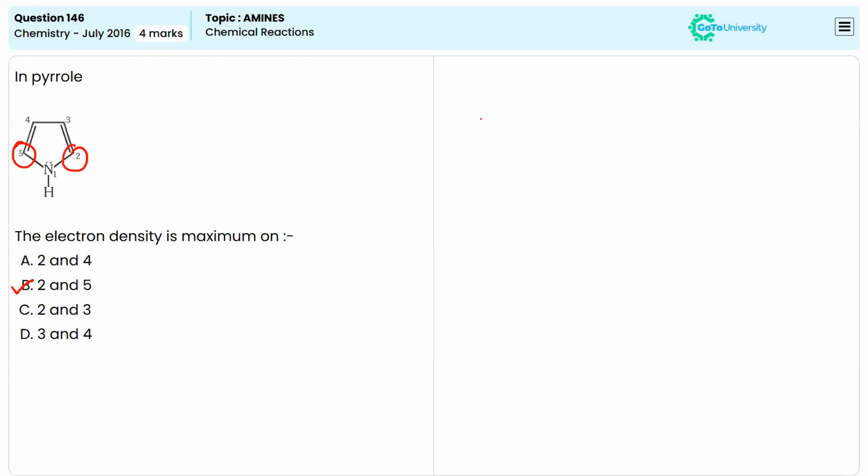For example, in order to clarify, we can draw the structure. We are starting from the structure of pyrrole. We have nitrogen here. These are the lone pairs. Nitrogen is having a lone pair.